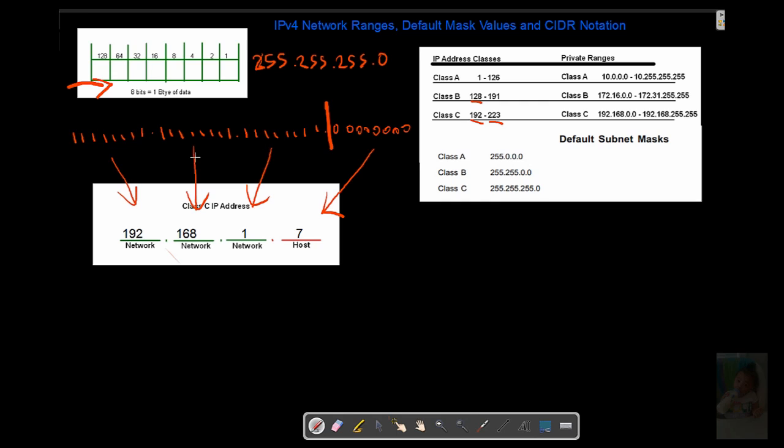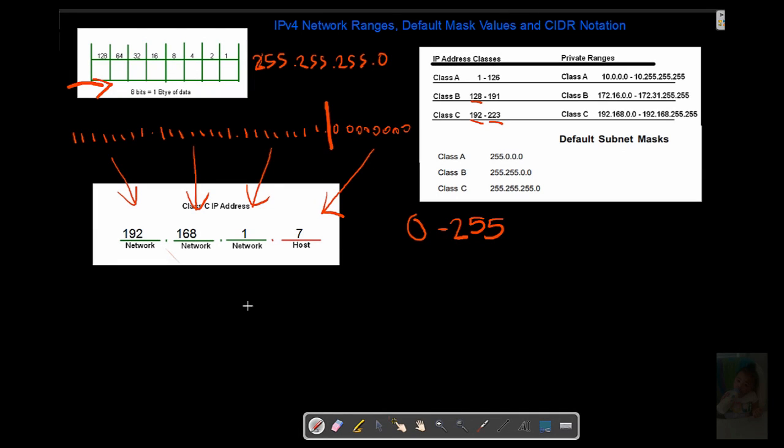Here's something else interesting. Remember, an IP address, not the mask, the IP address, can be anything from 0 through 255. Well, the mask that's directly associated tells us what this range can actually be for the network we're referencing.